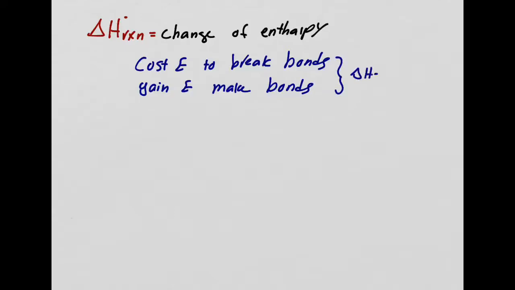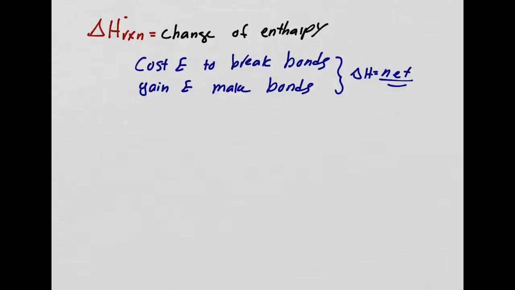Delta H is your net profit. How much does it cost to break the bonds, and how much energy did I gain to make those bonds? Making bonds, you gain energy. Breaking bonds costs you energy. Delta H is your net profit. So far, so good? Okay.